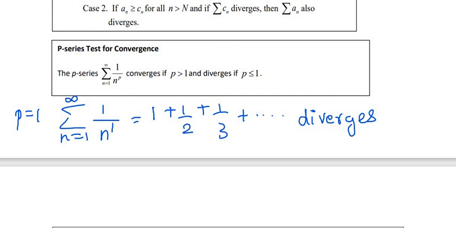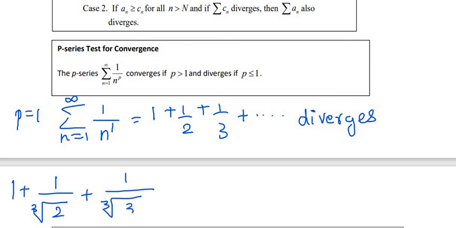On the other hand, let's say we had the series 1 plus 1 divided by cube root of 2 plus 1 divided by cube root of 3 plus etc. This is a p-series with p equal to 1 by 3. This series also diverges.